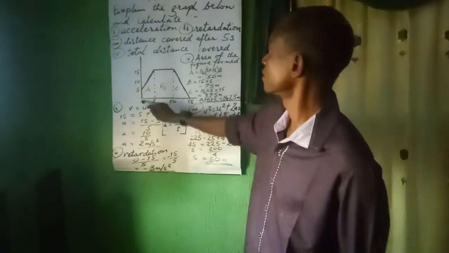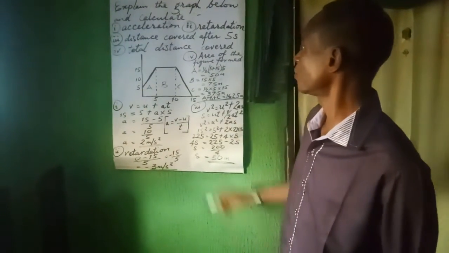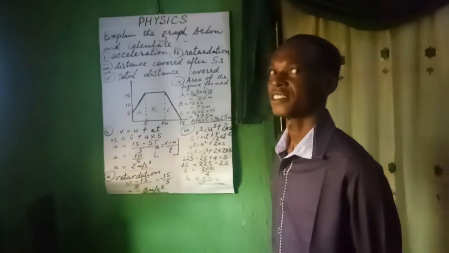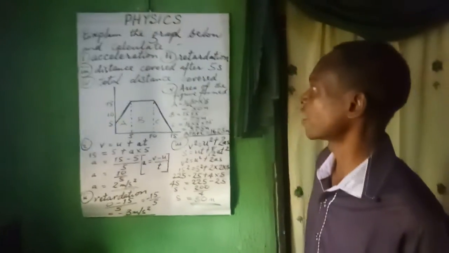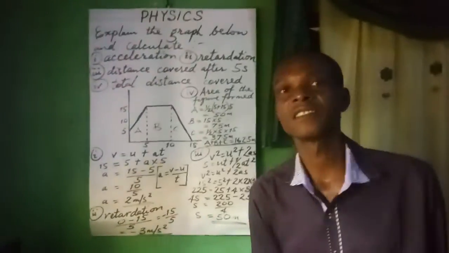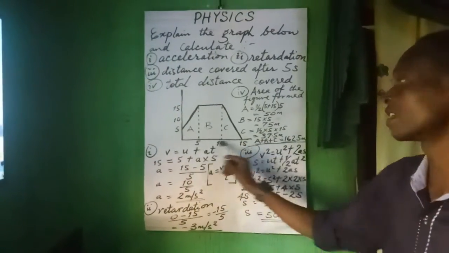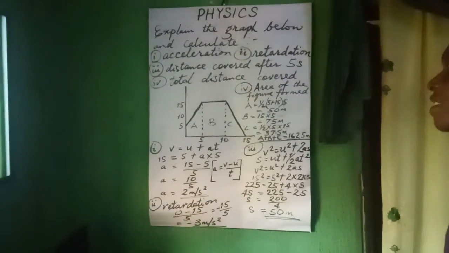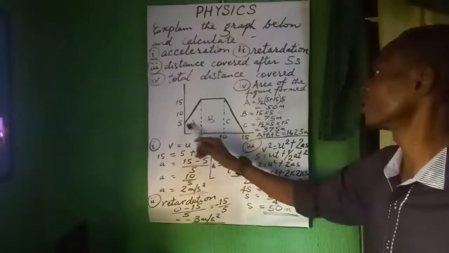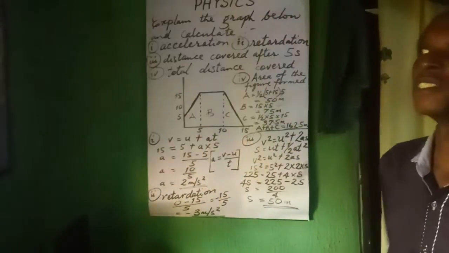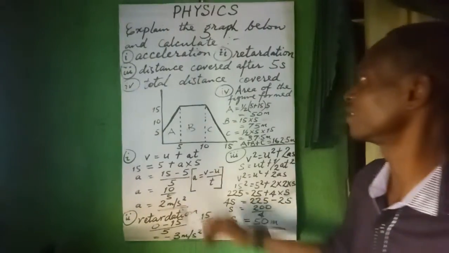When you look at this, it is important to note that this graph did not start from the origin. In a graph, you have the vertical axis, which is the y-axis, and you have the horizontal axis, which is the x-axis. Looking at the y-axis, it is not starting from 0, which is the origin, meaning it starts from 5.